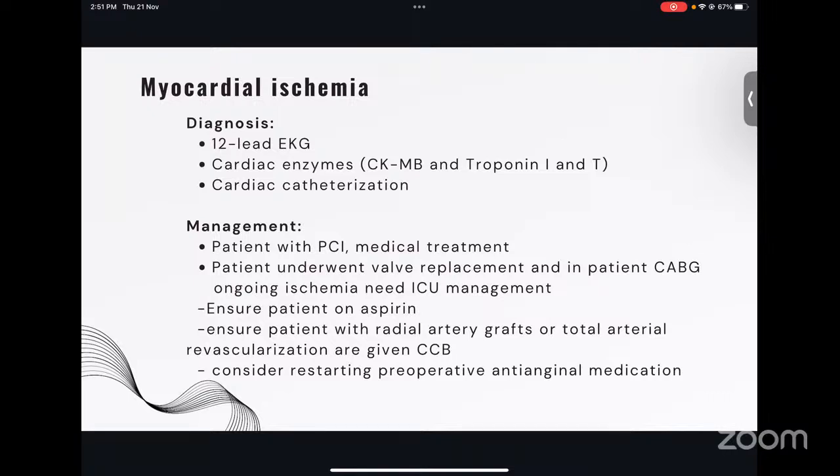Start with aspirin, ensure that radial artery grafts or total arterial revascularization are given calcium channel blockers, consider restarting preoperative anti-anginal medication, and discuss indications for angiography with a cardiologist.